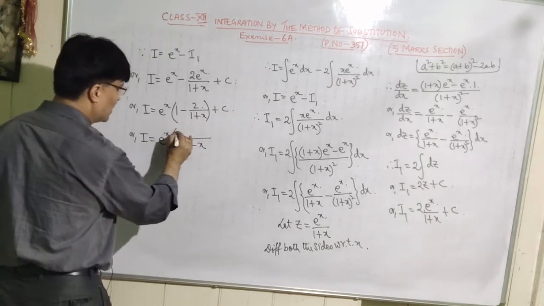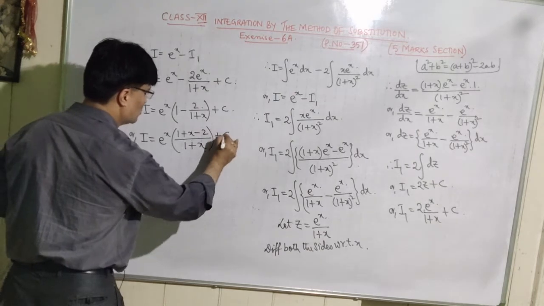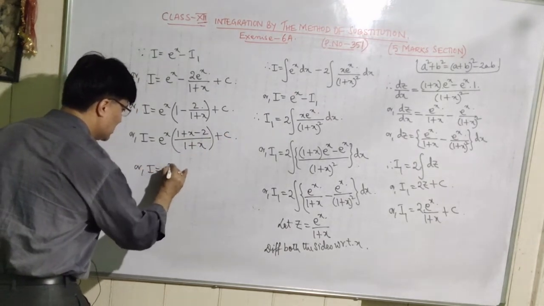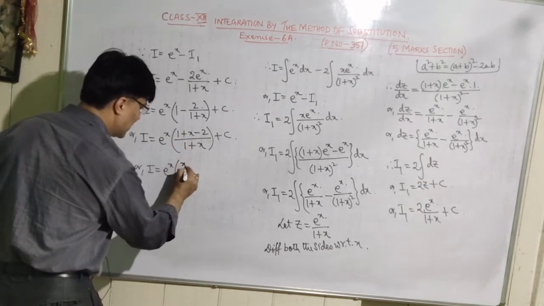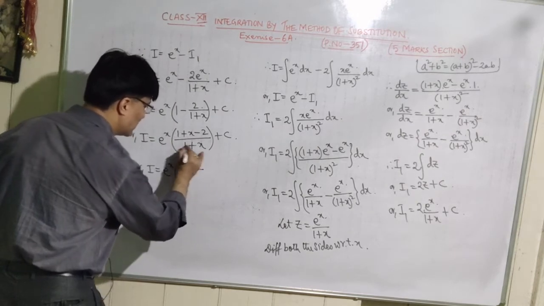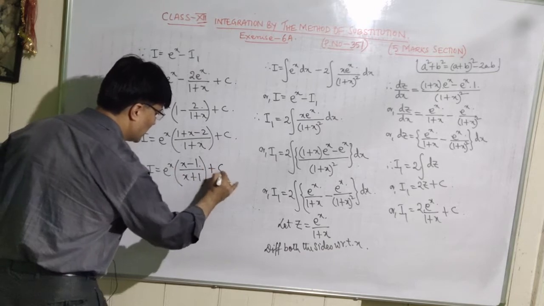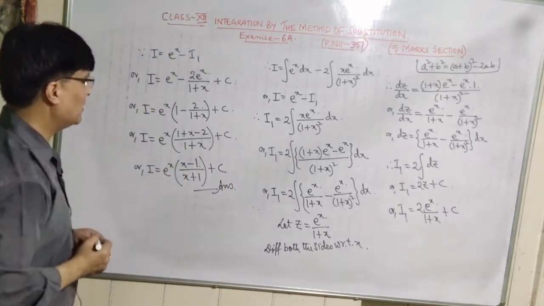So 1 plus x into 1 is 1 plus x, then minus 2, plus c. So I is equal to e to the power x within bracket, let us write the x first, 1 minus 2 is minus 1, divided by, here also you can write x first, then plus 1, plus c. So this is the final answer.